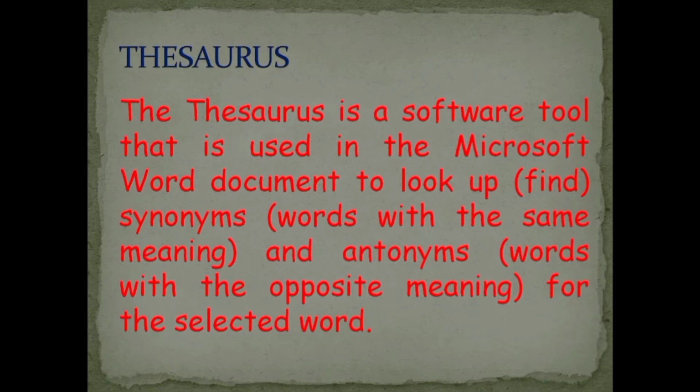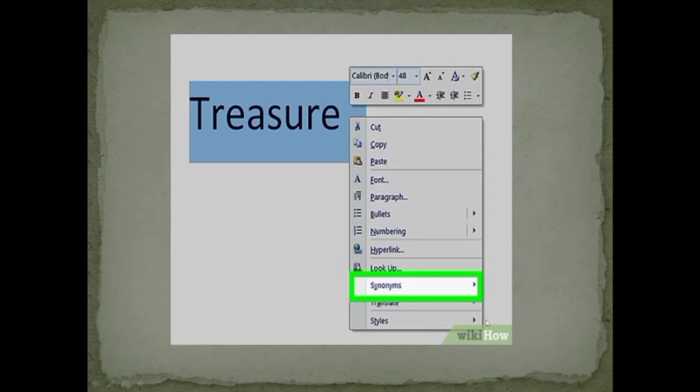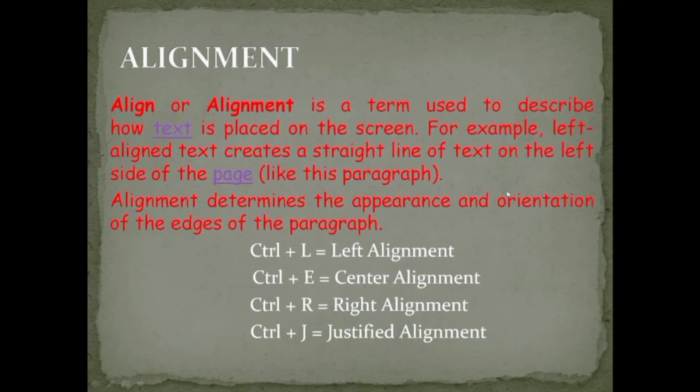Here we have to follow a few steps if we want to use the thesaurus feature in our MS Word program. Here you have seen that if you write a word, treasure, and just right click on it, you will get the synonyms or antonyms of that particular word.